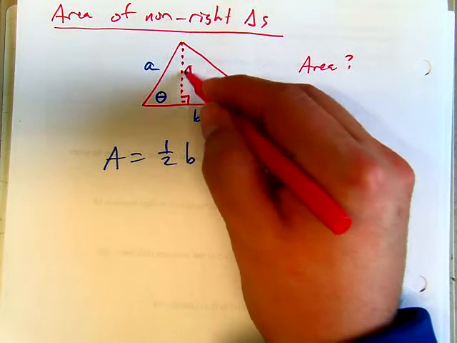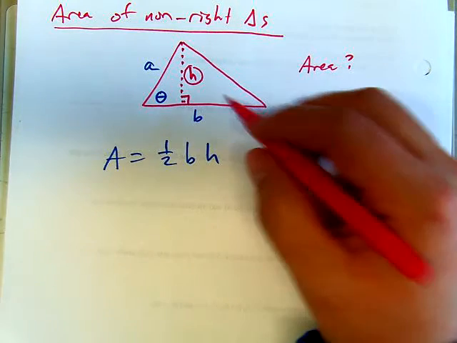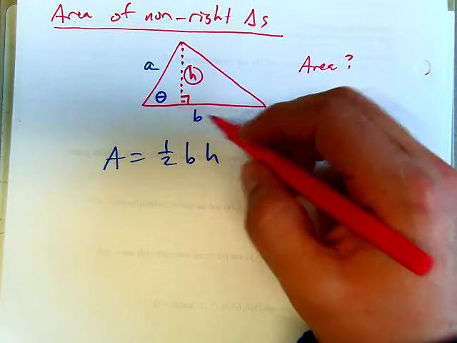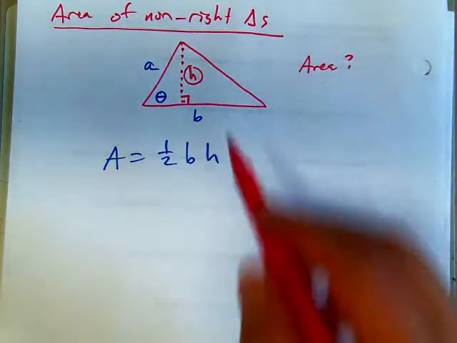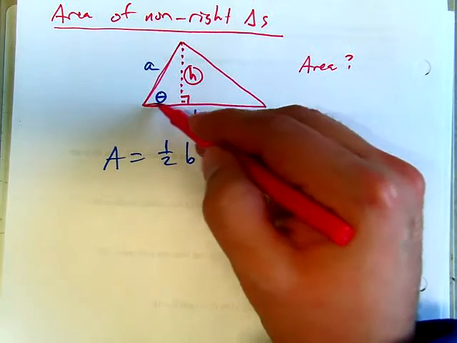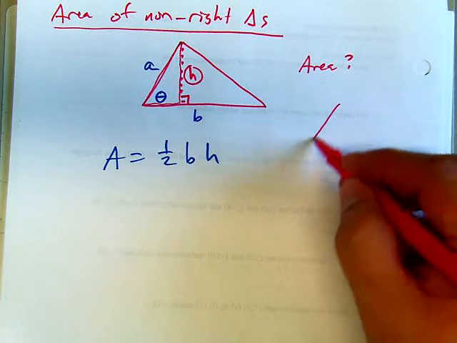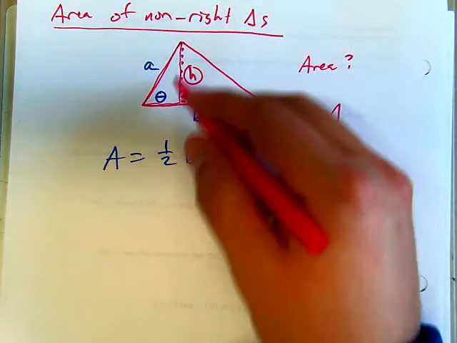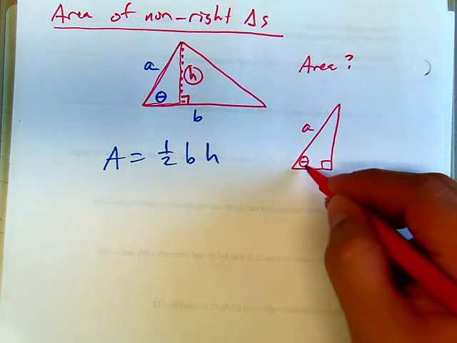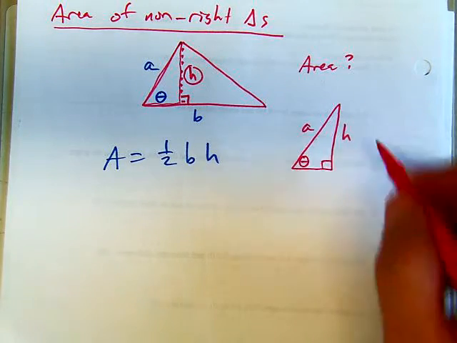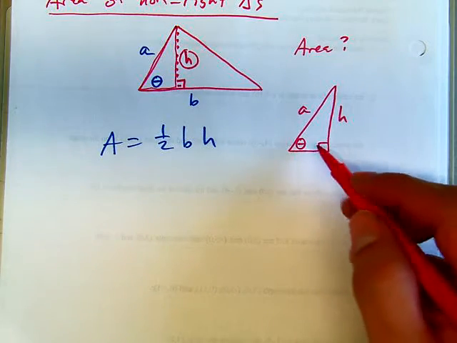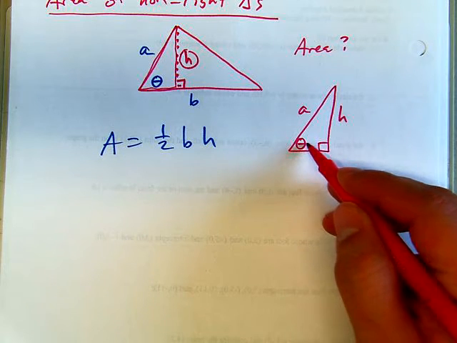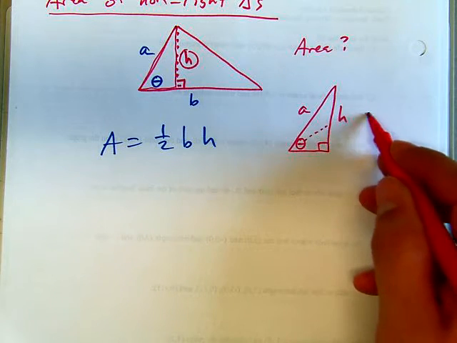And now what we can do is try to figure out what this height is using the stuff that I have in the triangle already. Okay, so if I kind of just redraw this section here, I have A for the hypotenuse, I have this angle theta, and here's the height. So thinking about SOHCAHTOA, if I know this angle, then this is the opposite side.